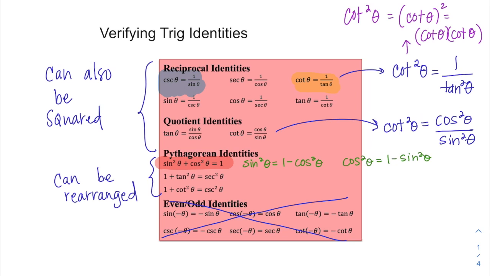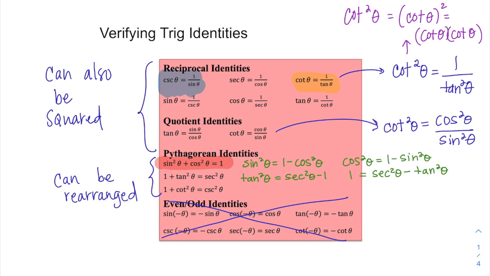Anytime I see an expression where I have a squared piece and something being added or subtracted to it, that's where these Pythagoreans pop up most frequently. So we can say 1 equals secant squared theta minus tan squared theta.